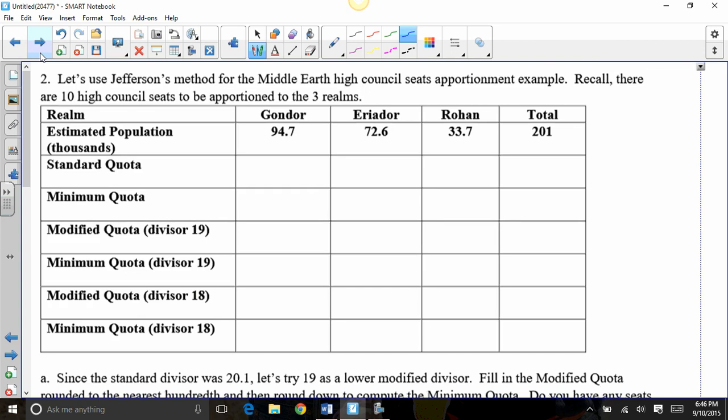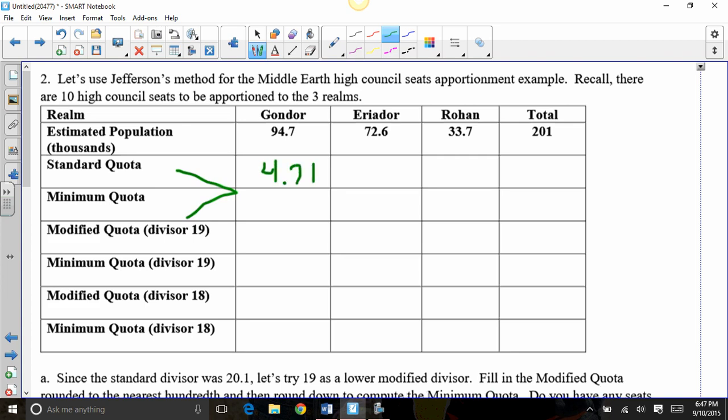And so these first two rows here that you see are just a repeat of Hamilton's method. So we take 94.7 and divide it by the standard divisor of 20.1, and of course that gave us 4.71.